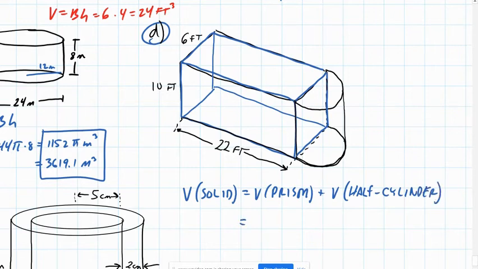Okay, so the prism has a base area of, let's see, this is 6 times 22. That's our base area. And then our height is 10.